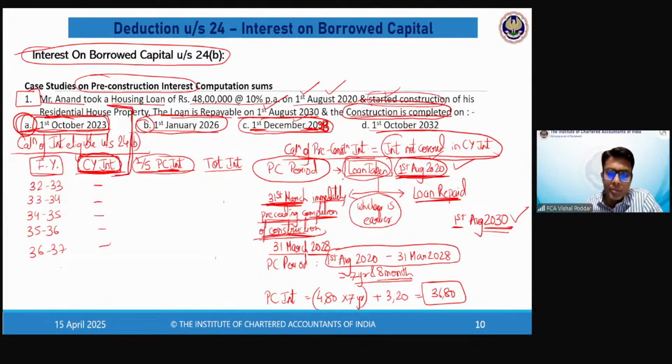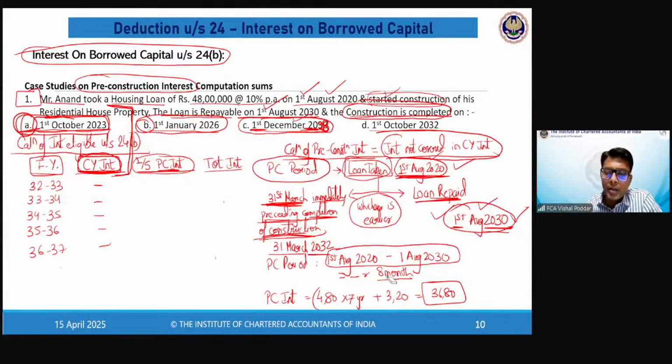Now comes this working again of pre-construction. Now in pre-construction, this date of 1 August 30 is there. Now what will this date be? 31 March 32. Now this date is the earlier date. So for the first time, my pre-construction period is coming from 1 August 20 to 1 August 30.